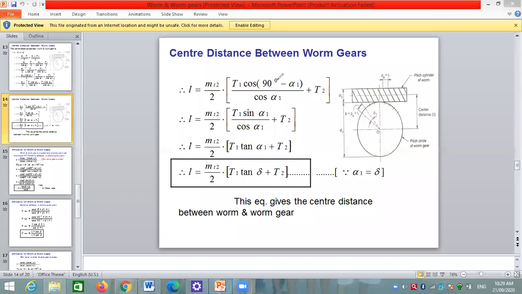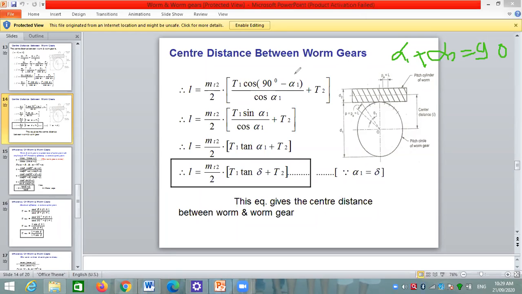Then in the next equation we have the term T1 into cos of alpha 2, but we know that alpha 1 plus alpha 2 is equal to 90 degrees. Therefore, alpha 2 is equal to 90 minus alpha 1.